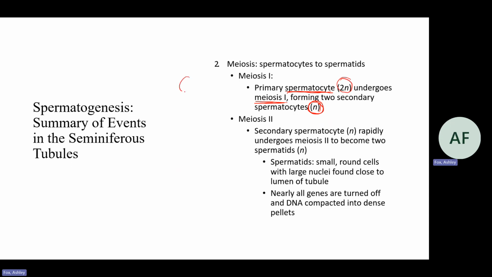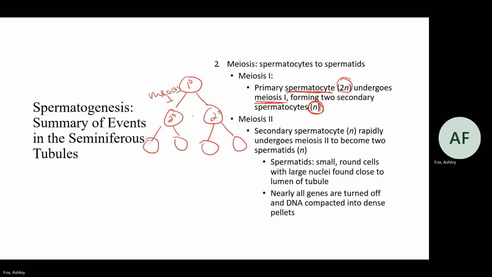So we have the primary spermatocyte goes through meiosis 1, and we have 2 secondary spermatocytes. Then these guys are going to go through meiosis 2, and so then we're going to end up actually with 4 spermatids. So this is going to be meiosis 2.